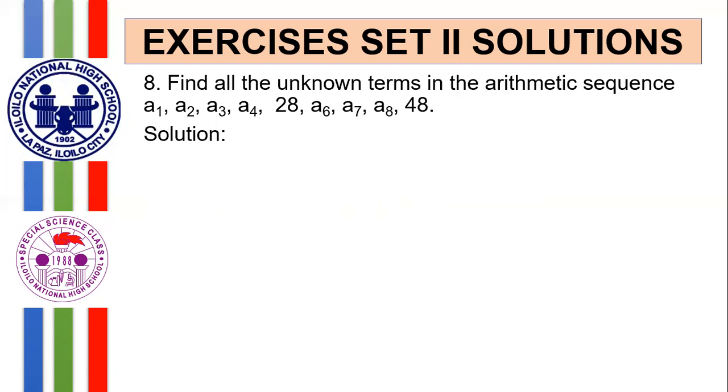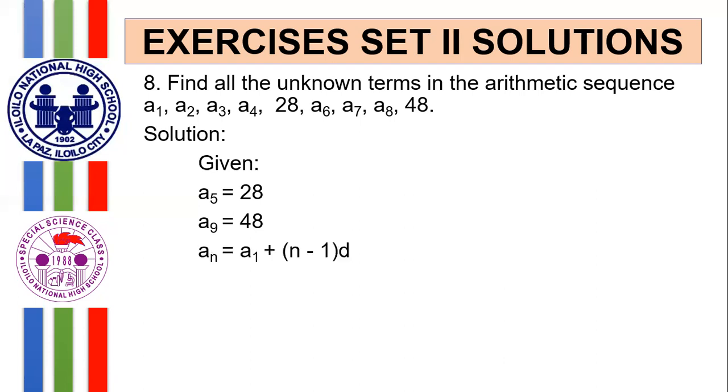So for the solution of this, you could actually see that 28 is the 5th term, because it is the 5th number from the left. And 48 is the 9th term because it is the 9th number from the right. So it's quite similar again to the process we had for number 6 and 7.